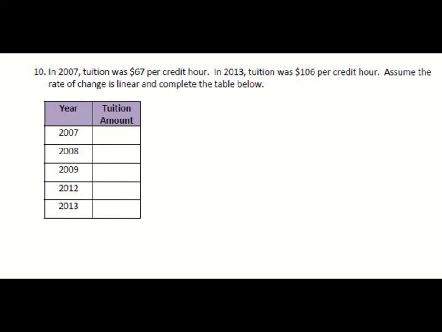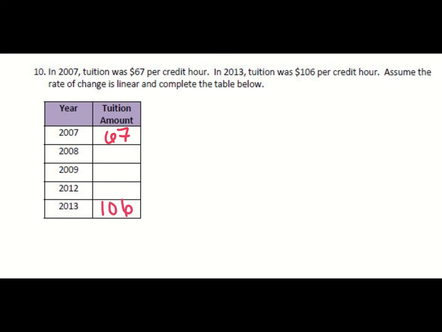Okay, so in 2007, tuition was $67 per credit hour. In 2013, it was $106. Assume the rate of change is linear. Complete the table below. So it was $67 here, and in 2013, it was 106.